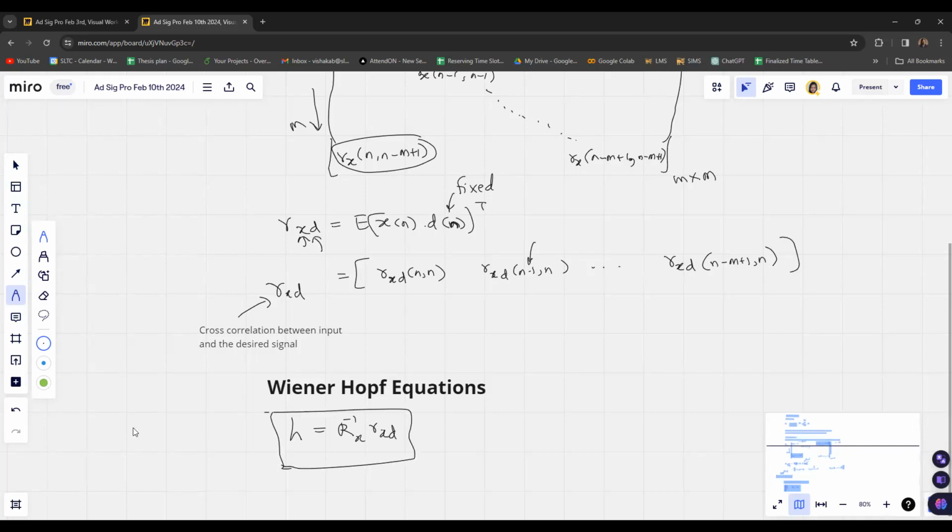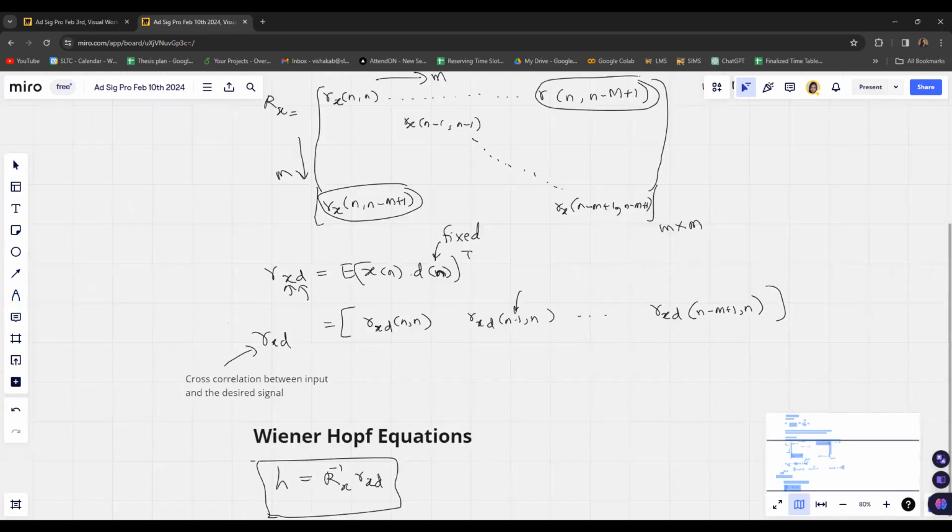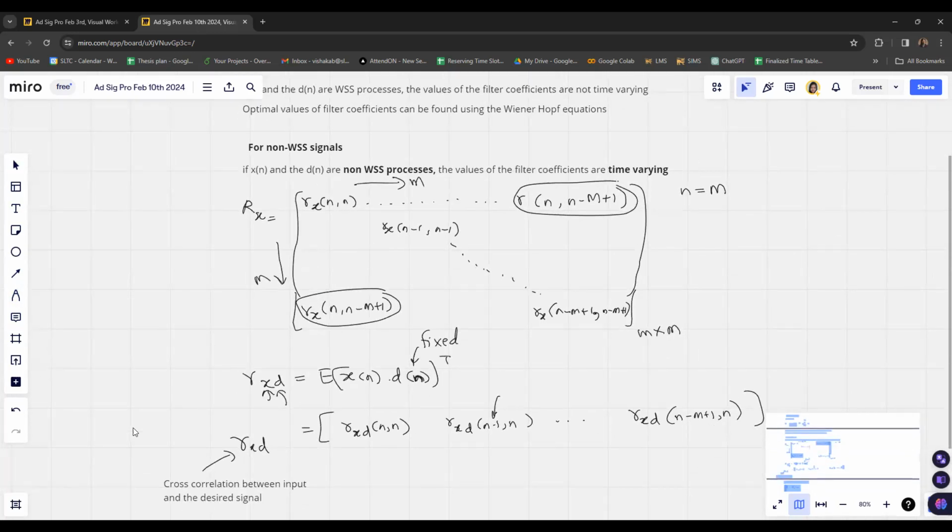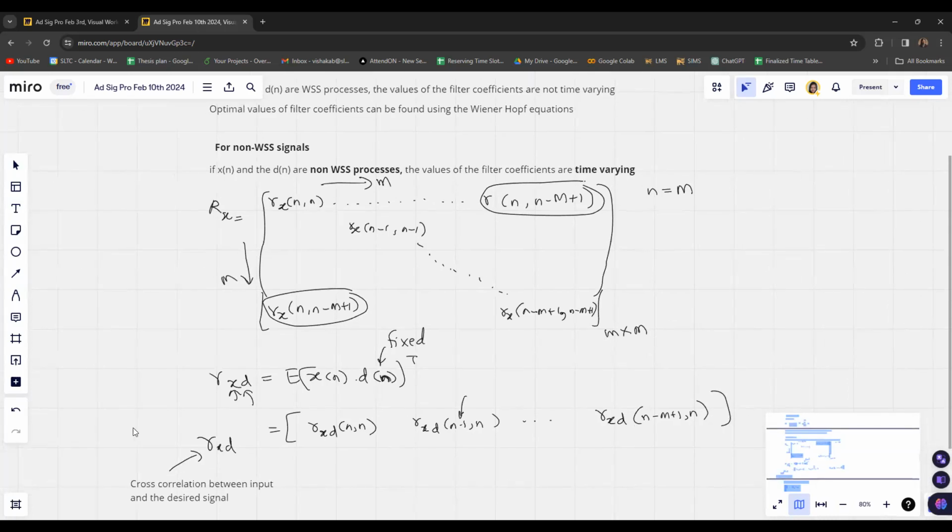So in the above case that we considered, where we consider non-WSS signals, the values of the input signal change with time. I mean, values change and also the statistics change with time. Because of that, the statistics, which are basically these autocorrelation values, for example, will change over time. This means that the values of the matrix Rx will change over time.